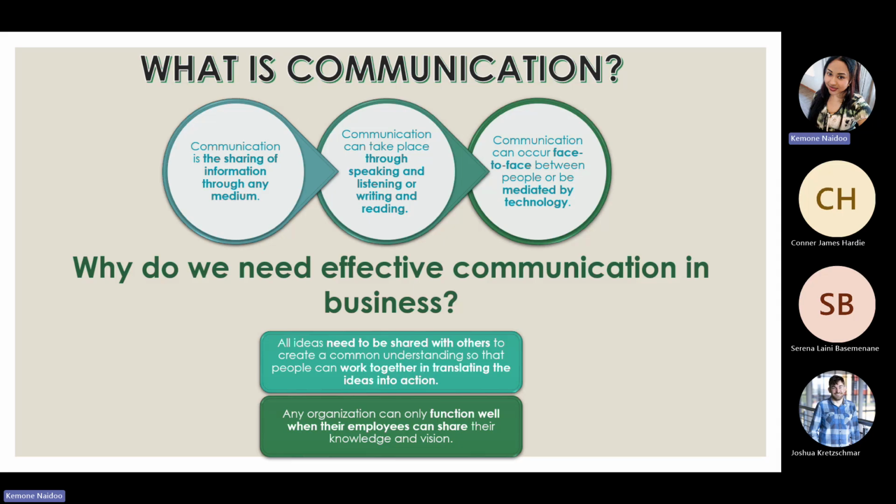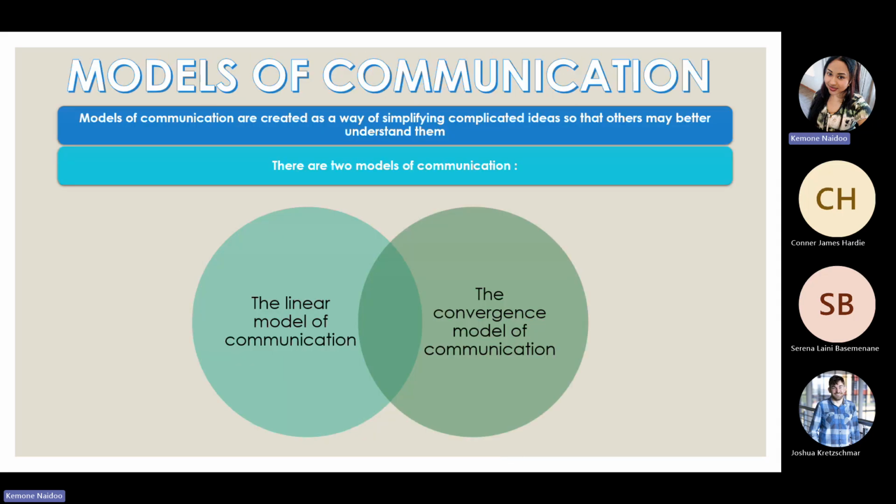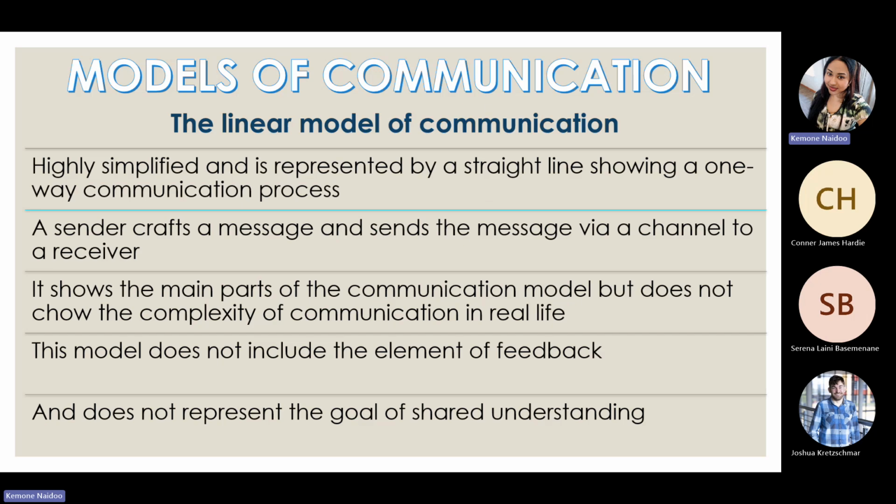Now we have two models of communication that we look at. We have the linear model of communication, and then we have the convergence model of communication. If we go through the linear model, you should always look at the word. Linear means straight.